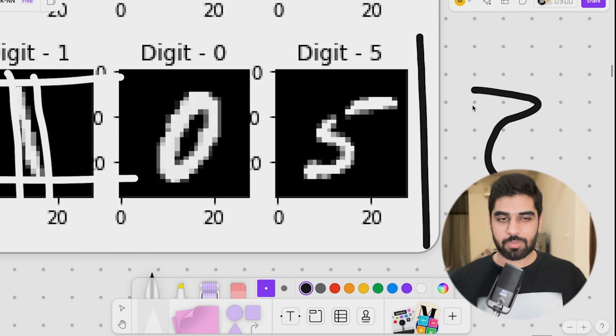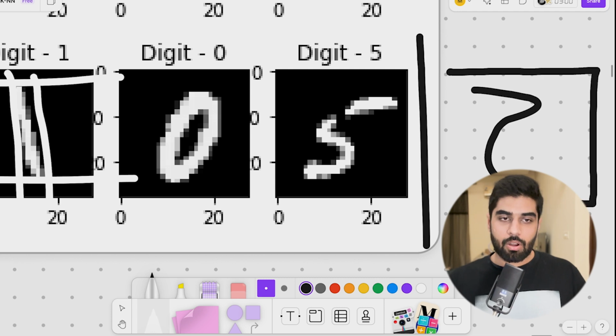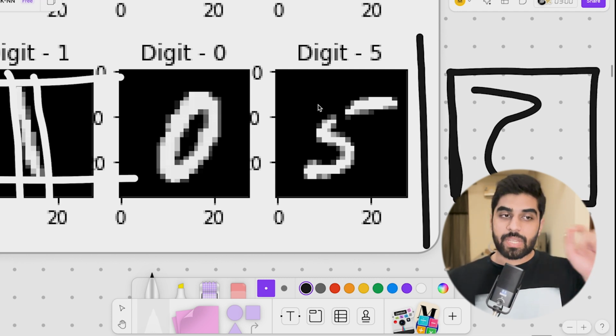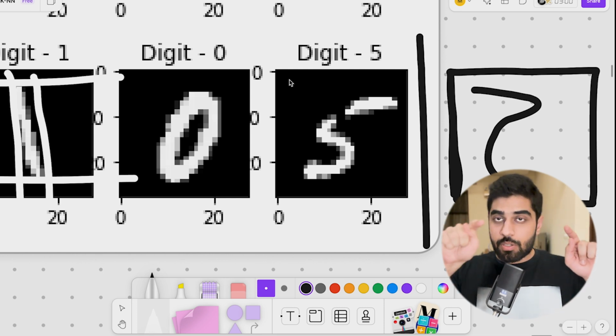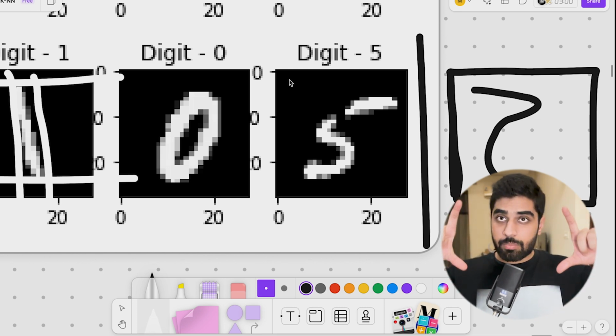Just stick with me. I know my handwriting is not that good, but when I draw this image, now I will overlay this image on top of my original image. When I overlay this image on top of my original image, how many of the pixels are lit? Remember that we already gave 0 or 1 to each of these pixels in this grid.